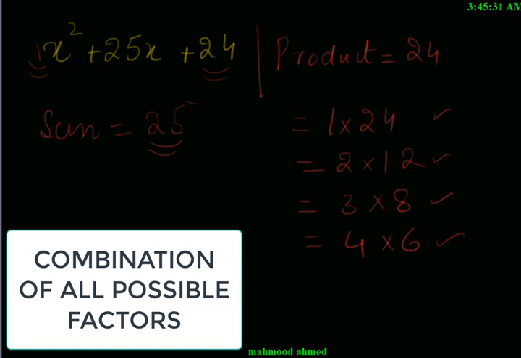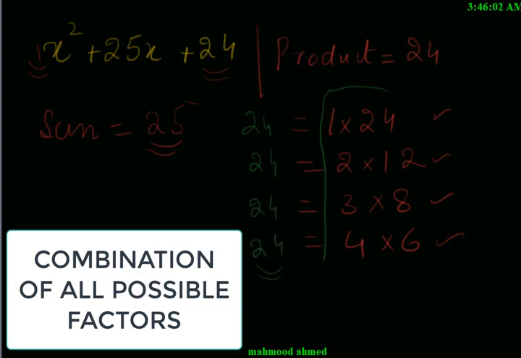Whenever you have a quadratic expression and you are set to find its factors, for beginners, first write all the possible pairs. This is already understood because you have broken down the number 24 into different pairs, so all are products of 24.